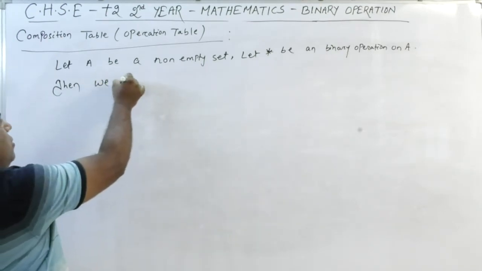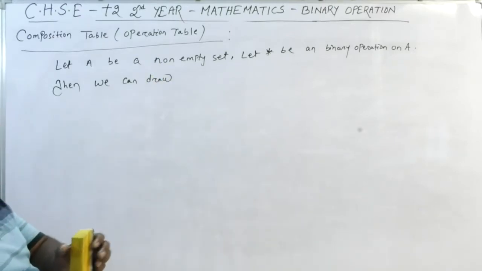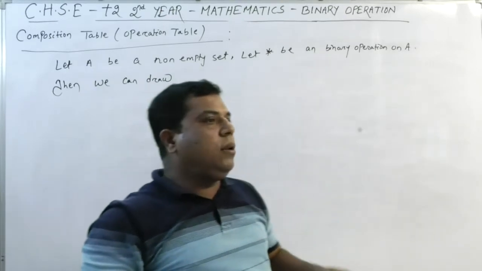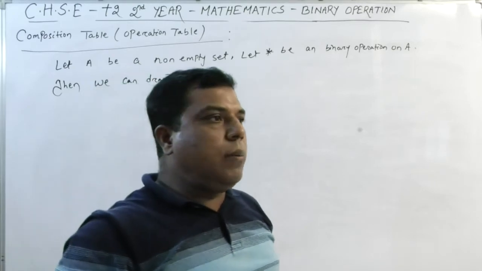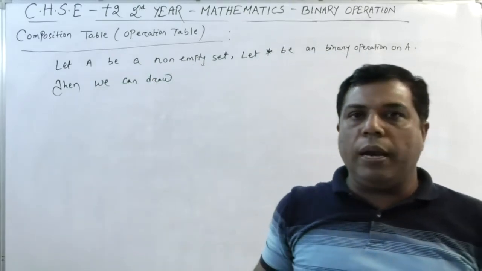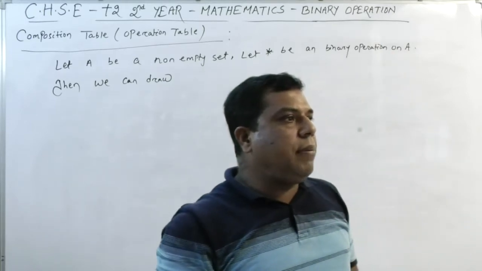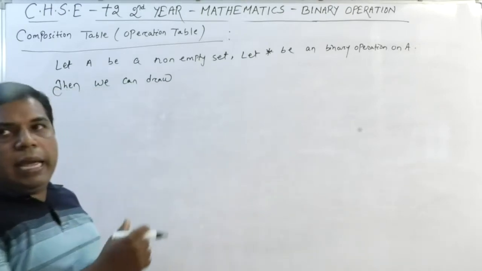we can draw. So if there is a set A with a binary operation star, then we are able to draw the composition table. And what does the composition table do? The composition table describes the operation with the help of the elements.